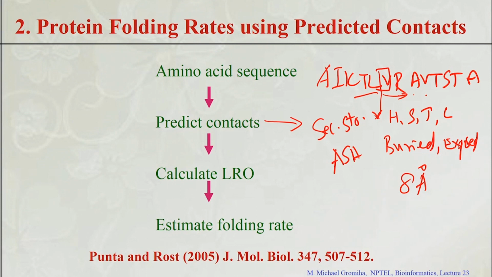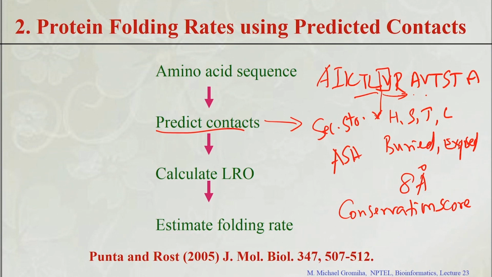In this case they do not know the structure. For any sequence they give the sequence information, neighboring residues, secondary structure, solvent accessibility, as well as the conservation. We have discussed all the parameters in the previous classes. So, take all the information to predict the contacts.